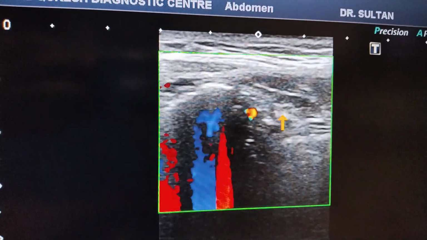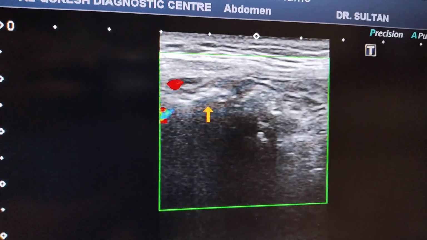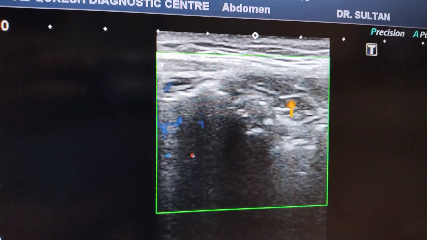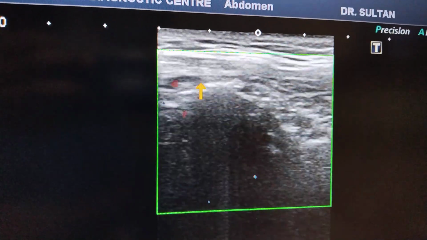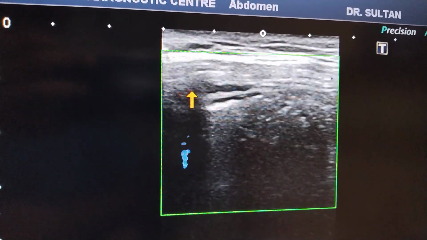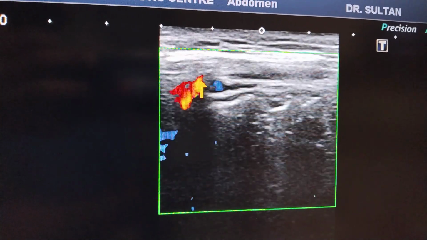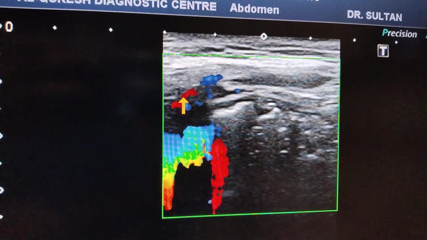So this is the bowel loop under the abdomen, and this is the defect through which the bowel loop herniates, and on the lateral side, this inferior epigastric artery has been pushed toward the further lateral side.